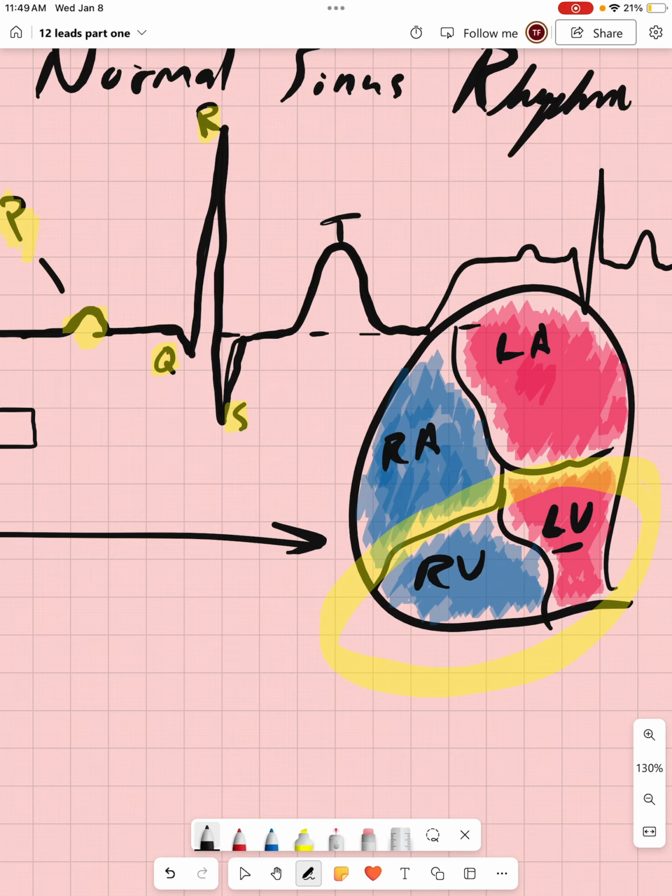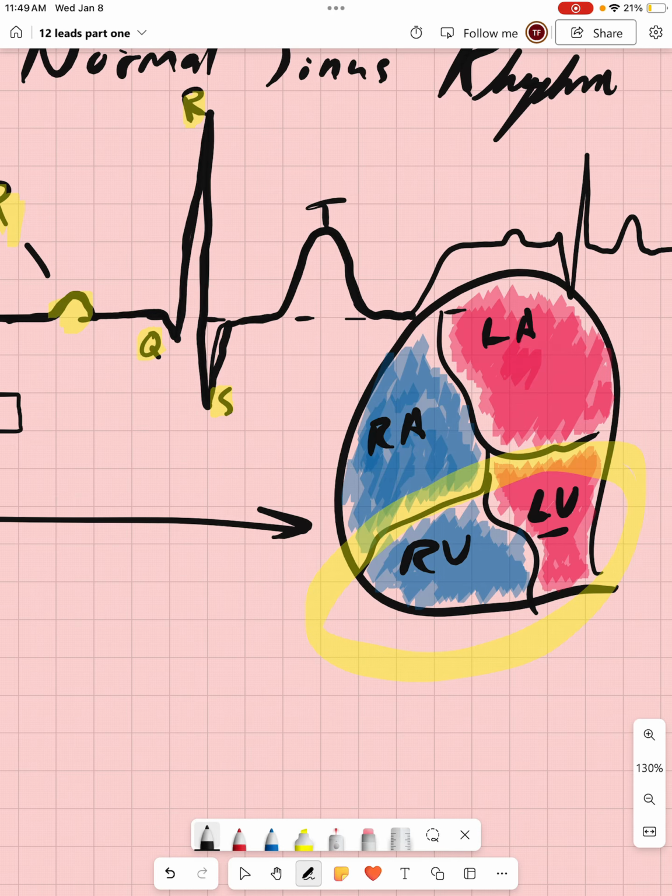And so when I say most responsibility, I just mean that it's going to have the most demand, the most electrical stimulus is going to go through the left ventricle because it has much more required of it. It's going to require more force to effectively push blood through the entire body. You know, what's going to take more muscular effort, to squeeze blood from the right atrium to the right ventricle, or left ventricle to the entire human body?